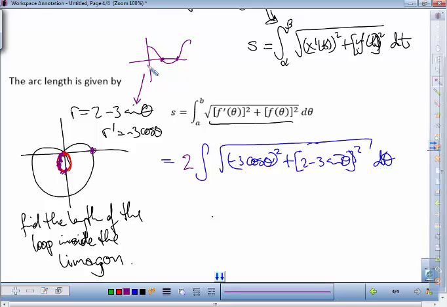Well, the loop, again, it's where the radius is 0. So the r, remember, is the radial distance from the origin. If you were at the origin, this is where you want to start, then you want your r to be 0. And if you looked at the graph over here, you'll also see that same effect. That's when your y value, or if you want to look at this as your r value, equal to 0, then that's exactly what's happening.